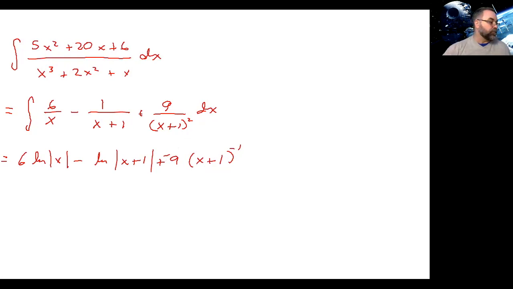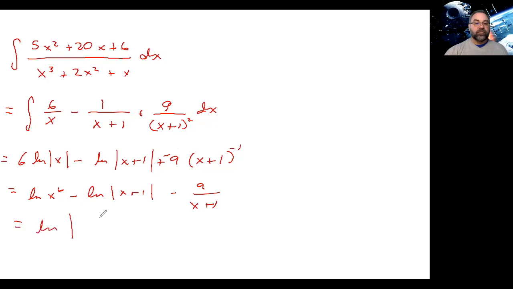So we'll make that -9. And yeah, this is natural log of x to the 6th minus the natural log of absolute value of x plus 1 minus 9 over x plus 1. And let's just condense these last ones together.